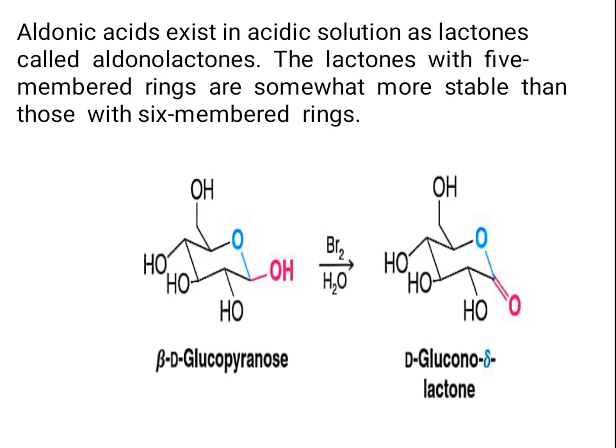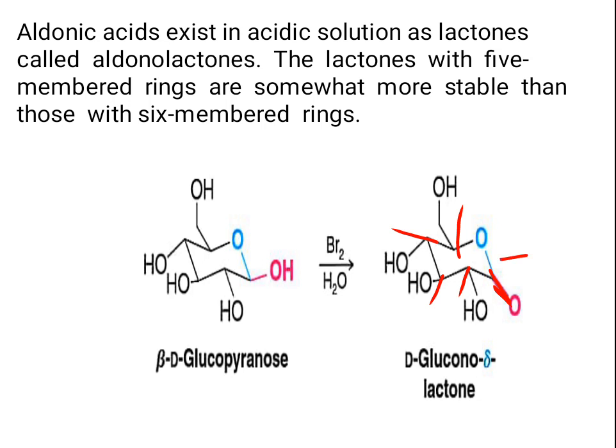So this OH group will be oxidized into this C=O group. Now this is the structure of a lactone, O-C=O. This is a lactone. Now how to give it a name? If this one is your carbonyl group, this carbon is the alpha carbon, this one is the beta, this one is the gamma, and this one is the delta.